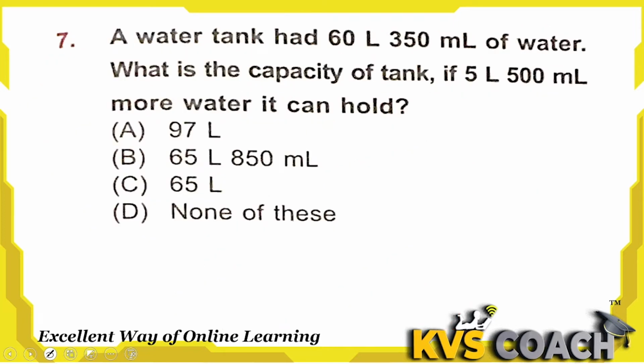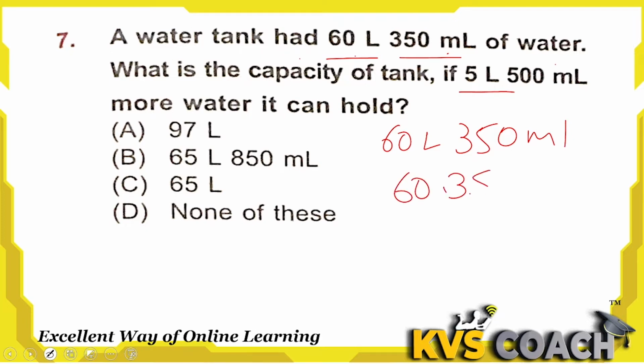Next question is, a water tank had 60 liter 350 ml of water. What is the capacity of the tank if it can hold 5 liter 500 ml more water? Look, the water tank holds 60 liter 350 ml. We will write it like this, 60.350.